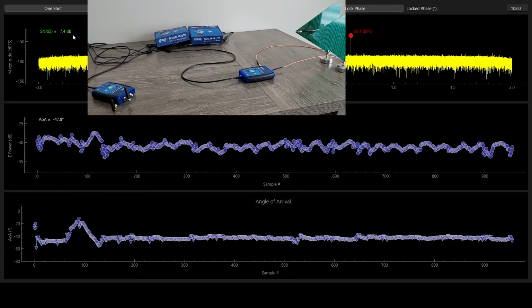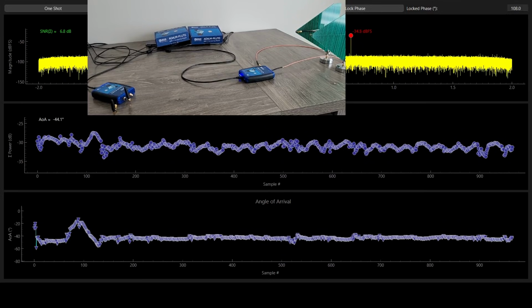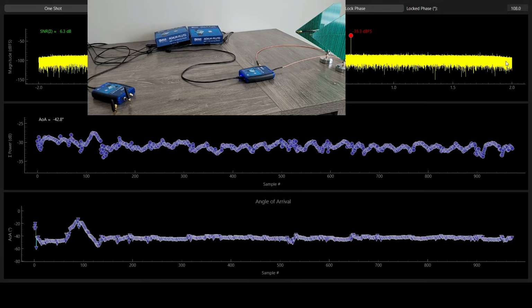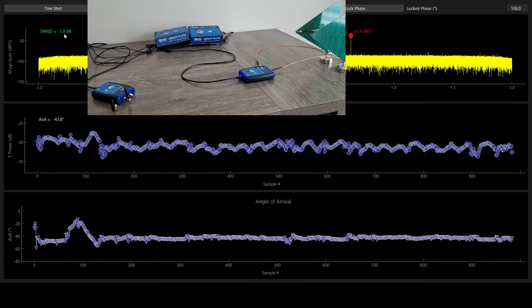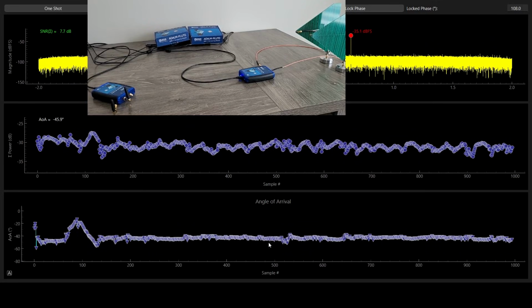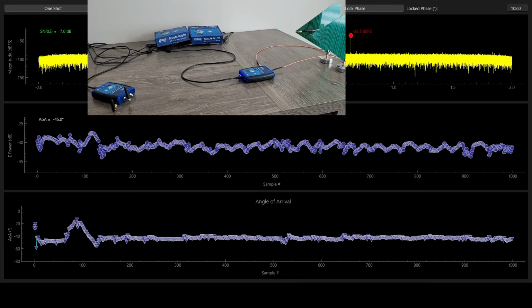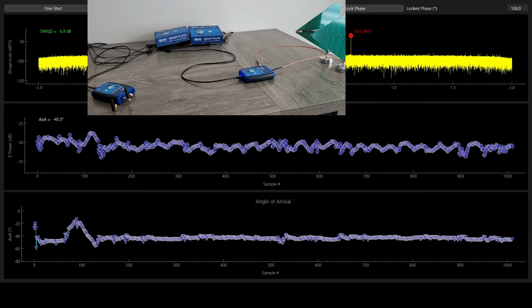That's why the SNR you're seeing here is around 6 or 7 dB, because I'm integrating for the noise part over a very large span. But I wanted to demonstrate what happens to our SNR, what happens to our received power, what happens to our angle of arrival after we do the alignment and then RX moves.